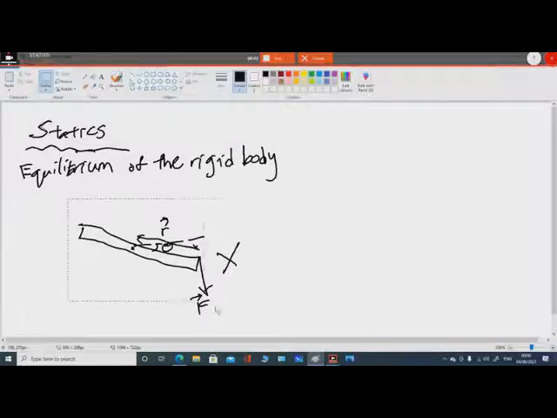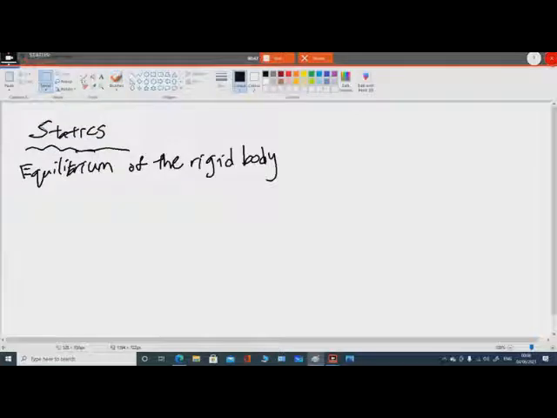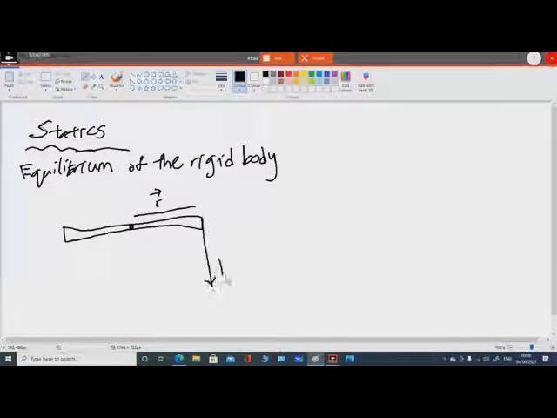So as the correction, let's say our plank is at a horizontal position. This is our R and this is our F. From this diagram, we can see that F and R are perpendicular to each other.